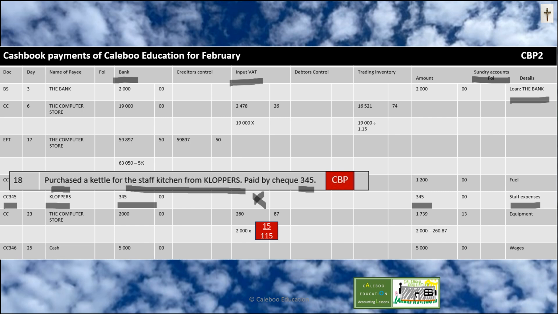And in the cash book payments, bank will be credited because it's a decrease in assets or an increase in liability, depending on the situation of our bank account. And these accounts here will be debited. But the reason why they're debited, I will explain when I post this information to the general ledger.